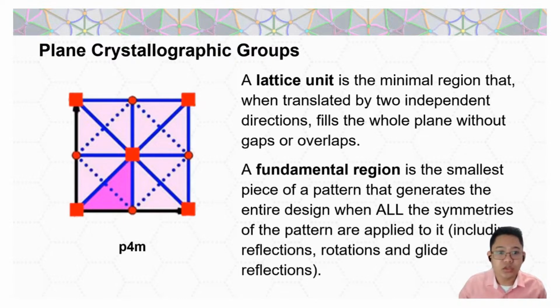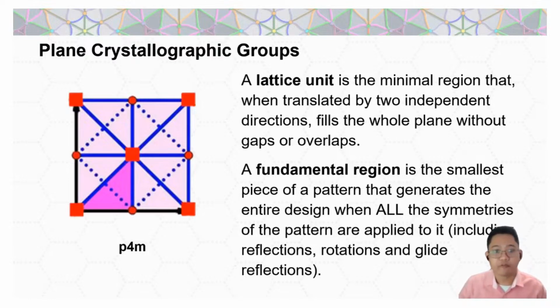Now, aside from lattice unit, there's also what we call a fundamental region. It's the smallest piece of a pattern that generates the entire design when all symmetries of the pattern are applied to it, including reflection, rotations, and glide reflections. The fundamental region is this darker pink region here inside the lattice unit. So the difference between a lattice unit and a fundamental region is that the lattice unit only considers the translations that you're going to apply to that lattice unit, while for the fundamental region, you are going to apply all of the symmetries.